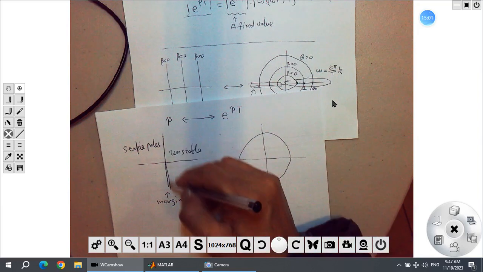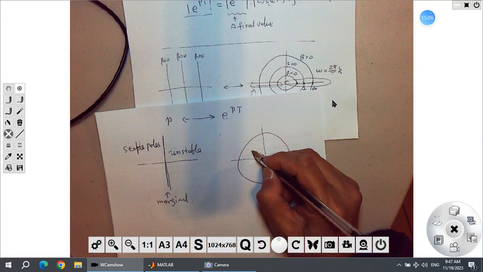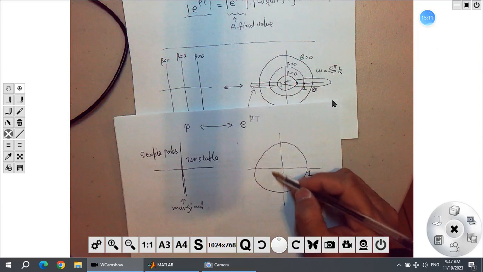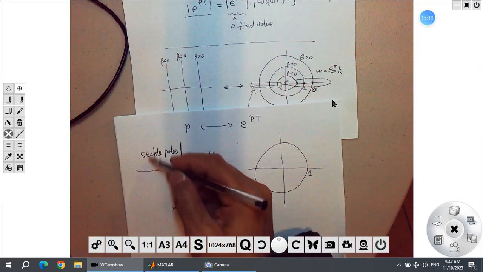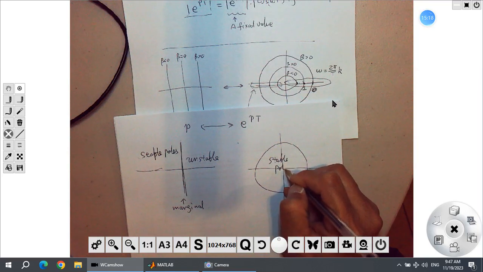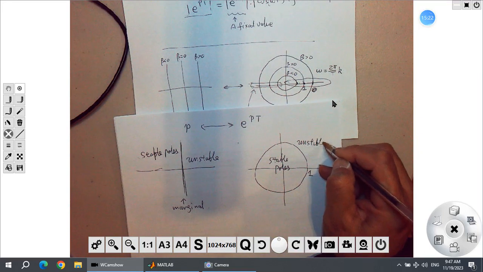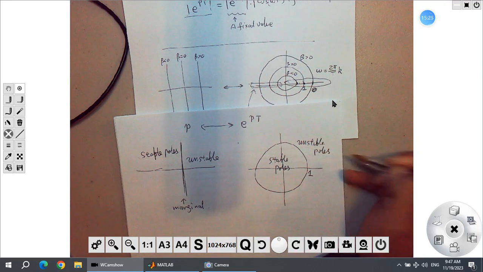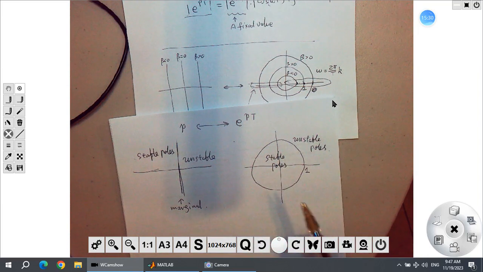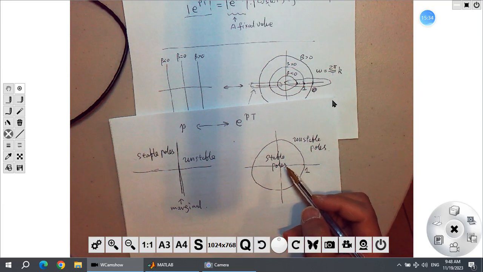And then in the Z domain, similarly, this line is now this circle, the unit circle, and inside is for beta smaller than 0. So here are stable poles, and outside are unstable poles. So this is similar but different. For a discrete-time system, when you have the transfer function, you find all the poles.